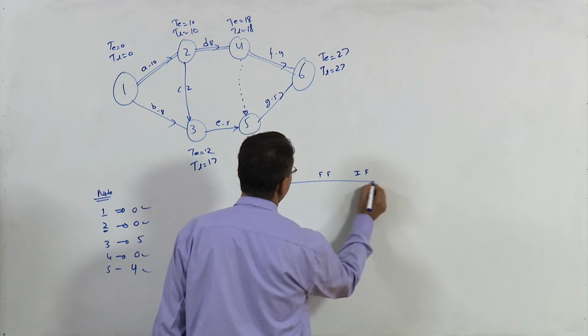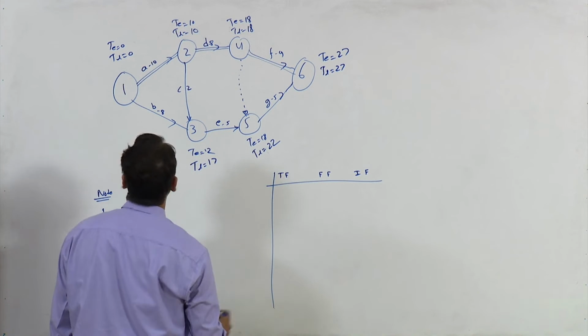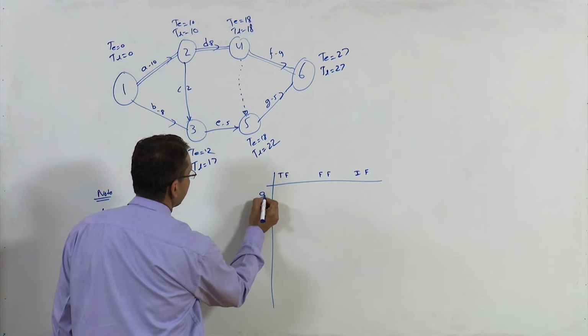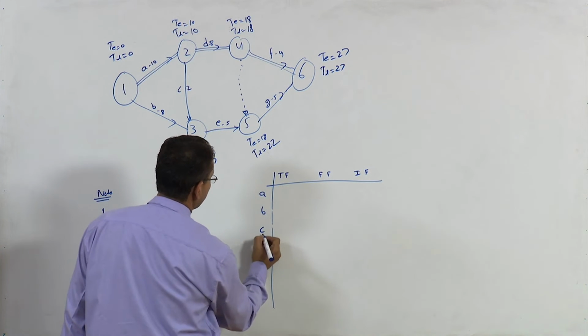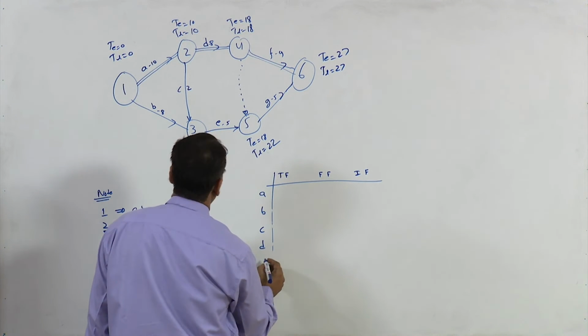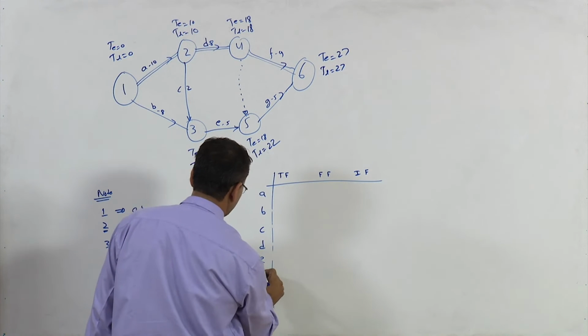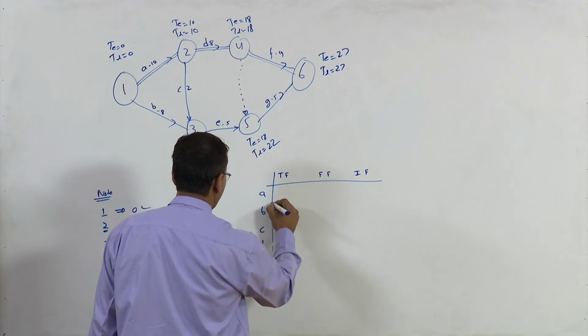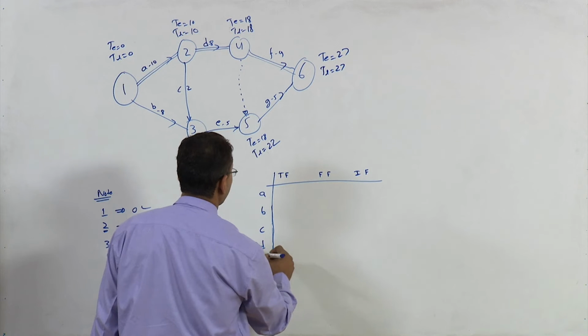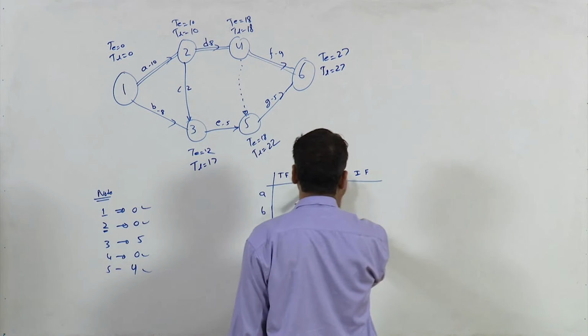We will calculate these floats for all these activities: activity A, B, C, D, E, F and G.